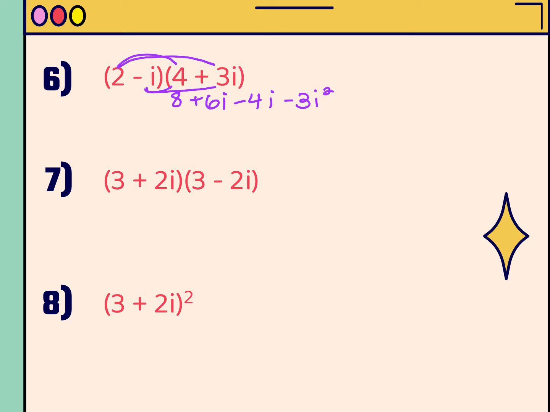So negative 3 times negative 1 makes this a positive 3. Now my real part is 8 plus 3, which is 11. And then the two terms that have i on them, 6i minus 4i, would be a positive 2i.